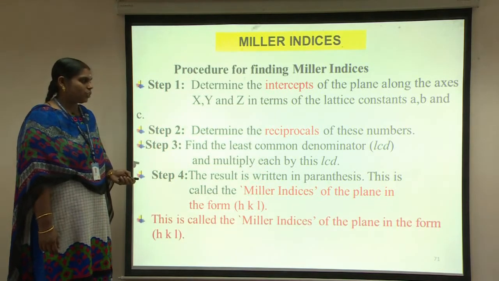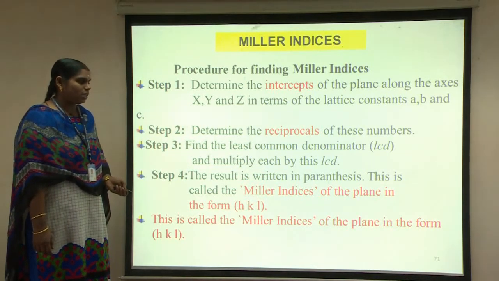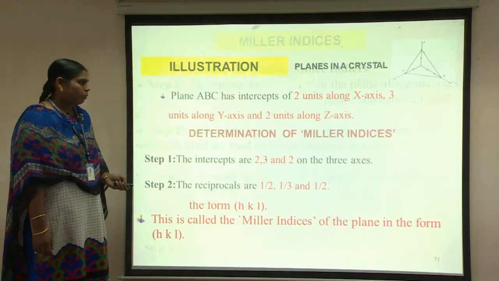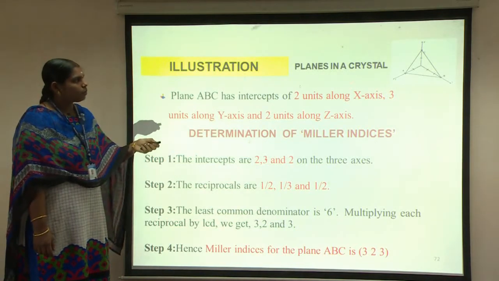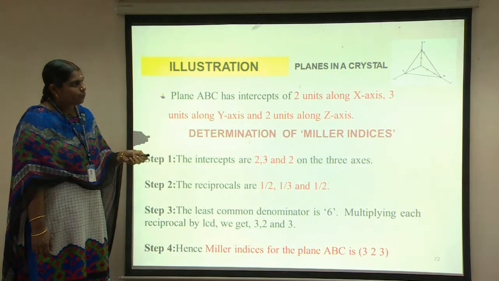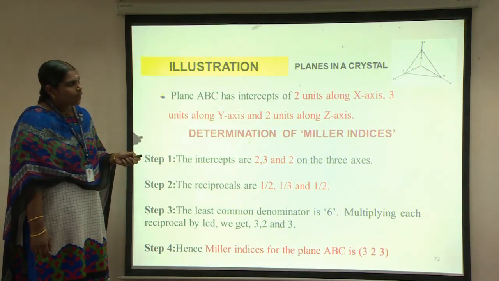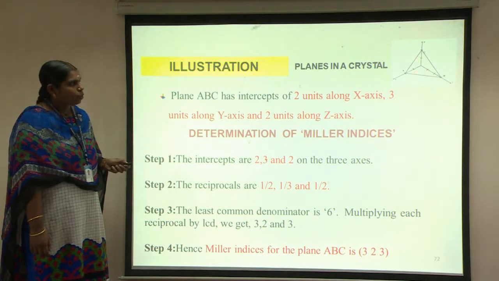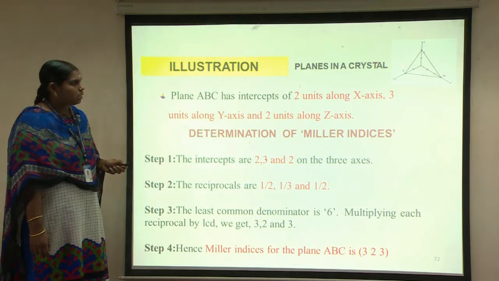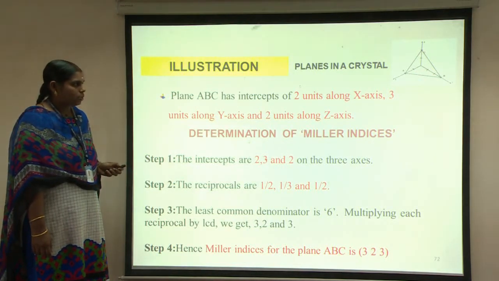Now let us see an illustration of how to find the Miller indices for a given plane. This is a plane in a crystal. These are x, y and z, and the intercepts made on these crystallographic axes, represented as a, b and c, are 2 units along the x axis, 3 units along the y axis and 2 units along the z axis. So the intercepts are 2, 3, 2.